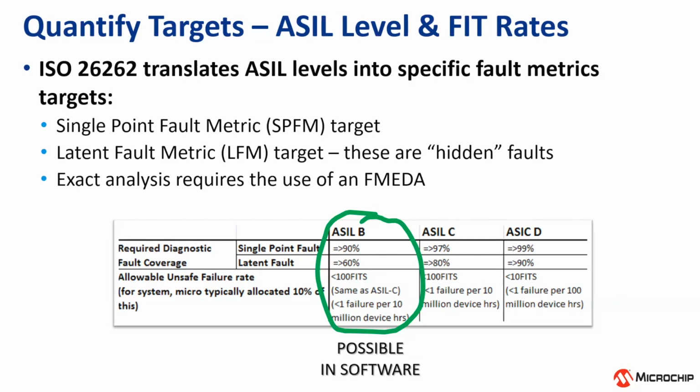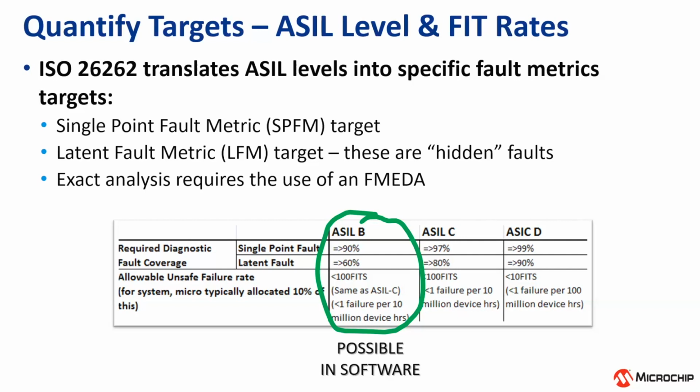Latent fault metric is more of a hidden fault. So these are the safety mechanisms themselves failing. So if I have something that's monitoring the memory on my microcontroller and that mechanism stops working, that would be considered a latent fault.